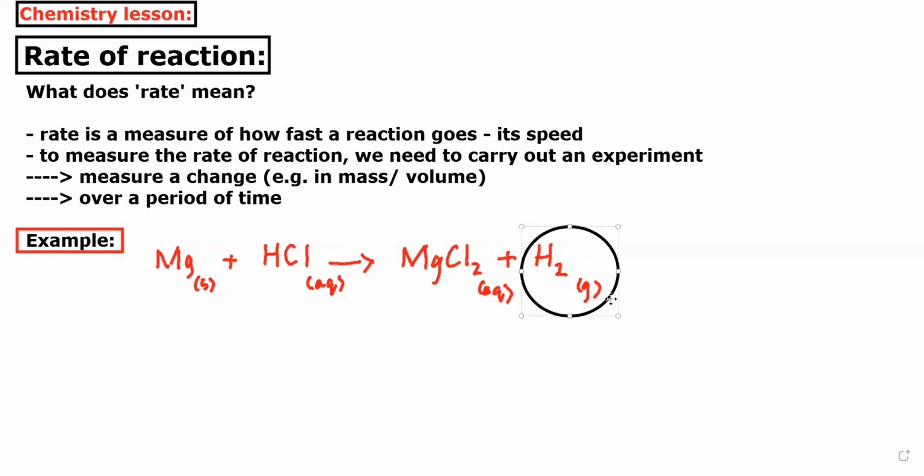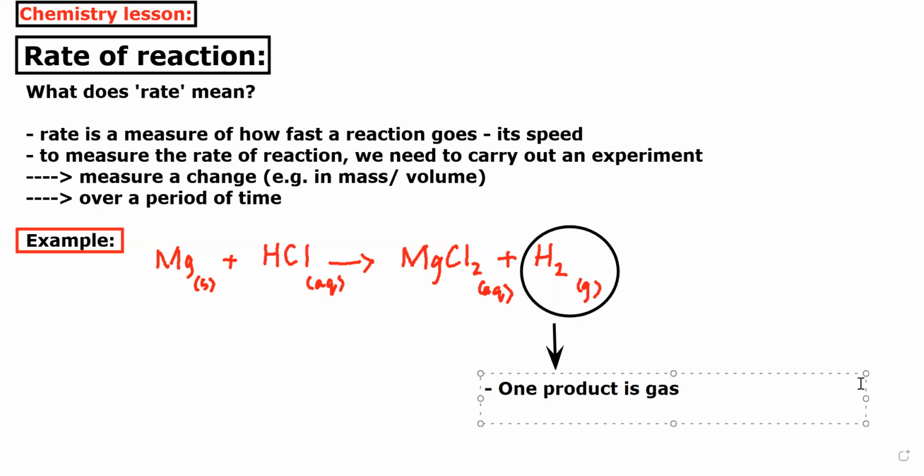Yes, this is what I was talking about. So when one of the products is gas, what can we do here? Let's write it before going ahead with the experiment. One product is gas, so it means I can measure the volume of gas, right?